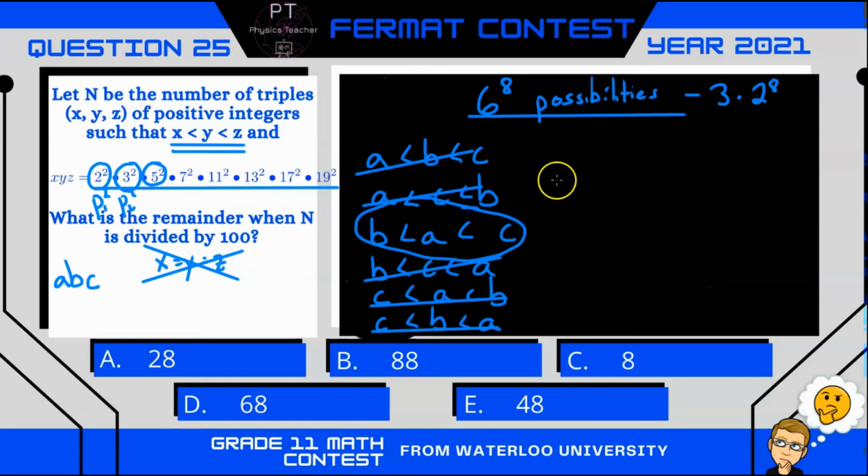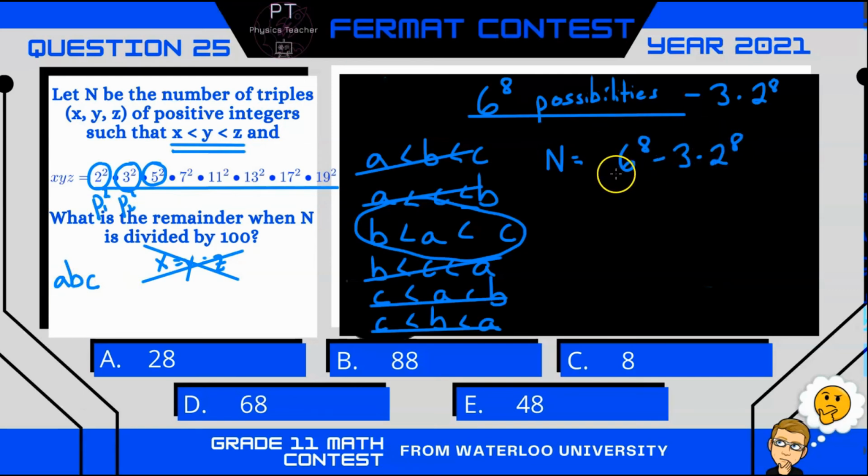So what we're going to do to find the total number of triples, where x, y, and z are positive integers and all distinct so that they are also in increasing order, is we'll take the total number of possibilities for x, y, and z to multiply to give you this product of primes, minus the total number of possibilities where any two of these variables can be equal to each other.